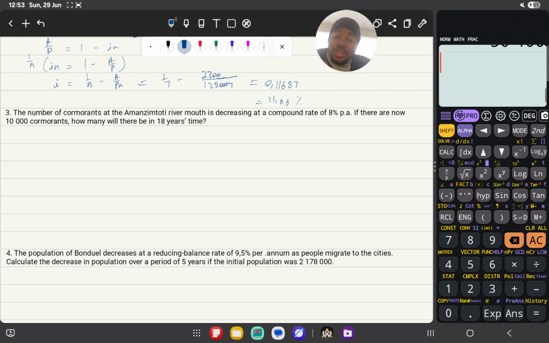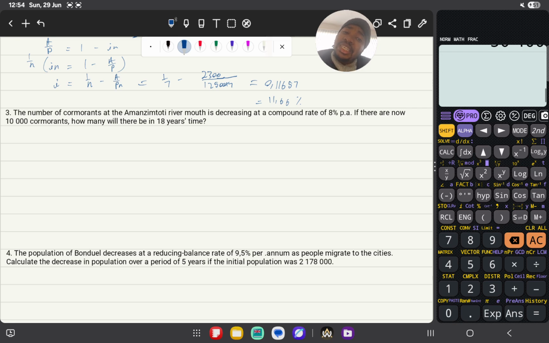The number of cormorants at the river is decreasing at a compound interest rate of 8% per annum. If there are currently 10,000 of them, how many will there be in 18 years' time?